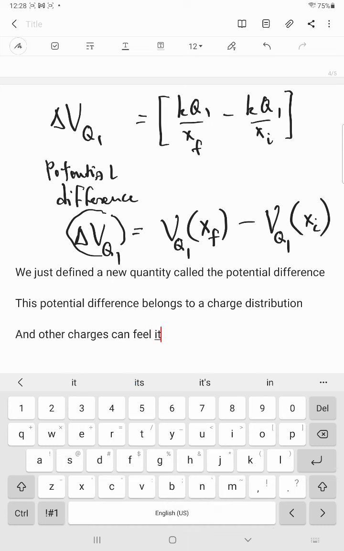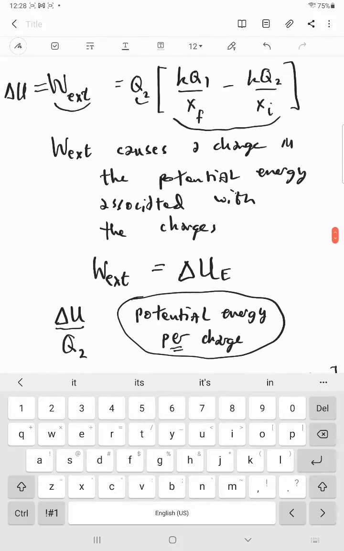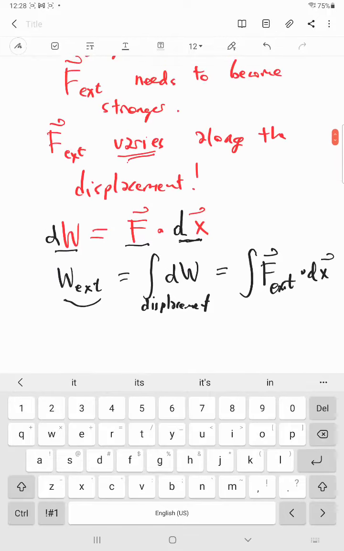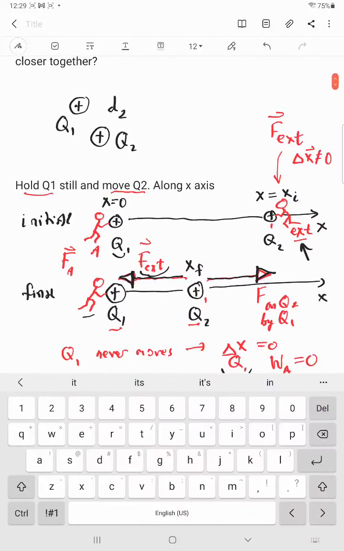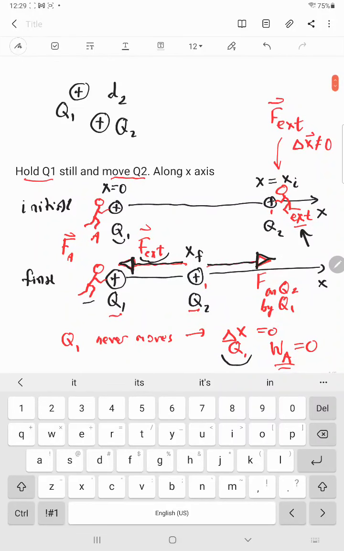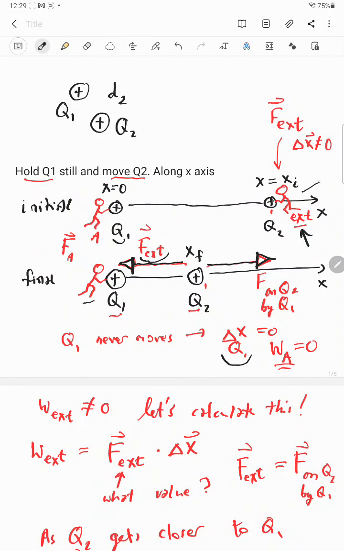Or you might say that F sub ext, the little external force that did this work, has to do work in order to move a different charge, Q2 in this case, around in the potential of Q1.